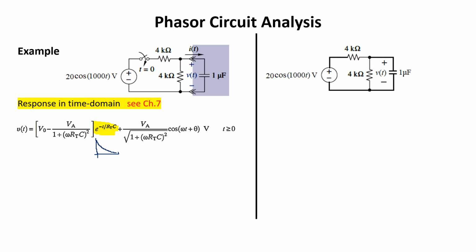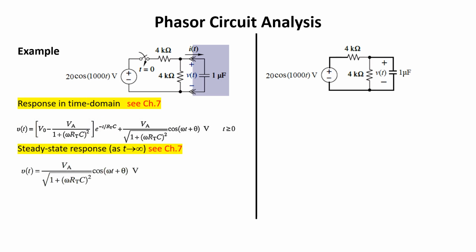As time t approaches infinity, this term disappears, and this is then the steady state response. Steady state response means when the circuit has settled into a state as t approaches infinity. Now I will delete it for clarity. The steady state response as time t approaches infinity is only the second term.